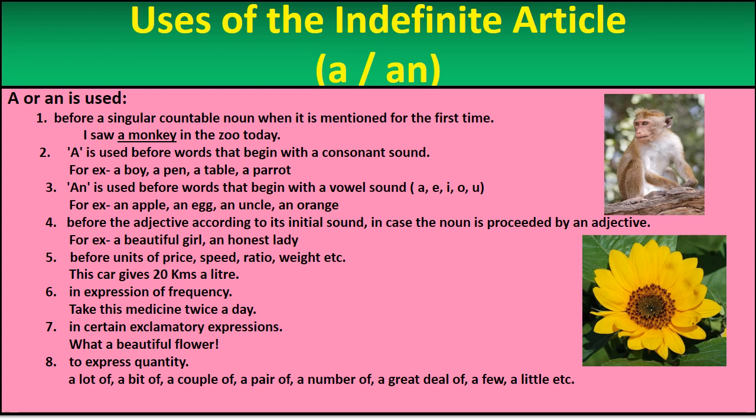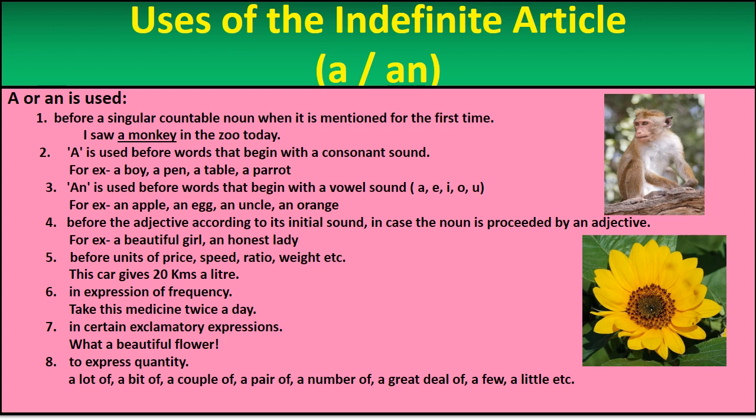Number 2, a is used before words that begin with a consonant sound. Now students, you must remember that the sound is important. We have to see the sound and not the letter. For example, a boy. Here, b sound is there. That's why we have used a before the noun boy. A pen, a table, a parrot. So here you can see these words start with consonant sounds.